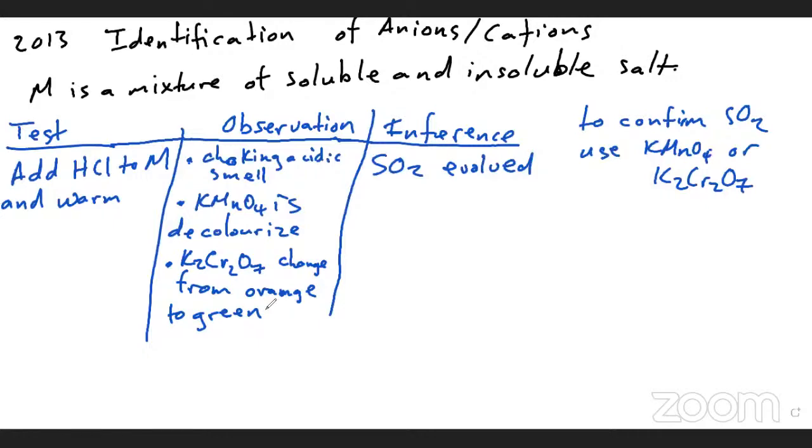The MnO4 goes from this to this. The manganese is reduced. It is +7 in this ion. And chromium moved from +6 to +3. All right, so that's that.